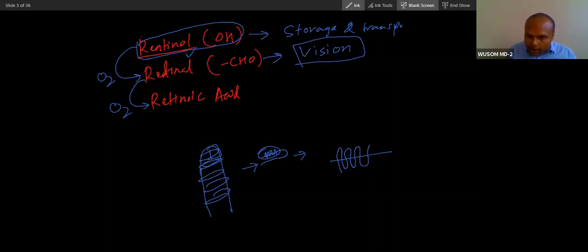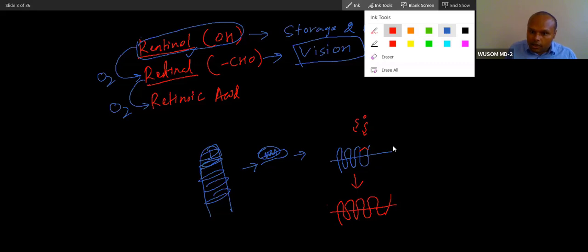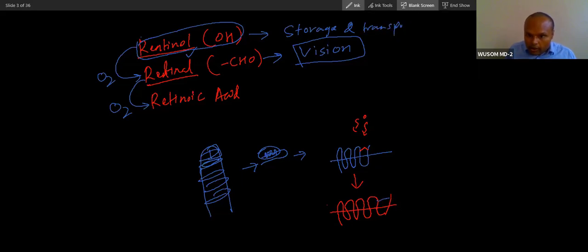At the receptor terminal there is one molecule bound here, called retinal. When a photon of light falls here, this molecule changes its structure. The cis form of retinal changes to the trans form, straightening out.